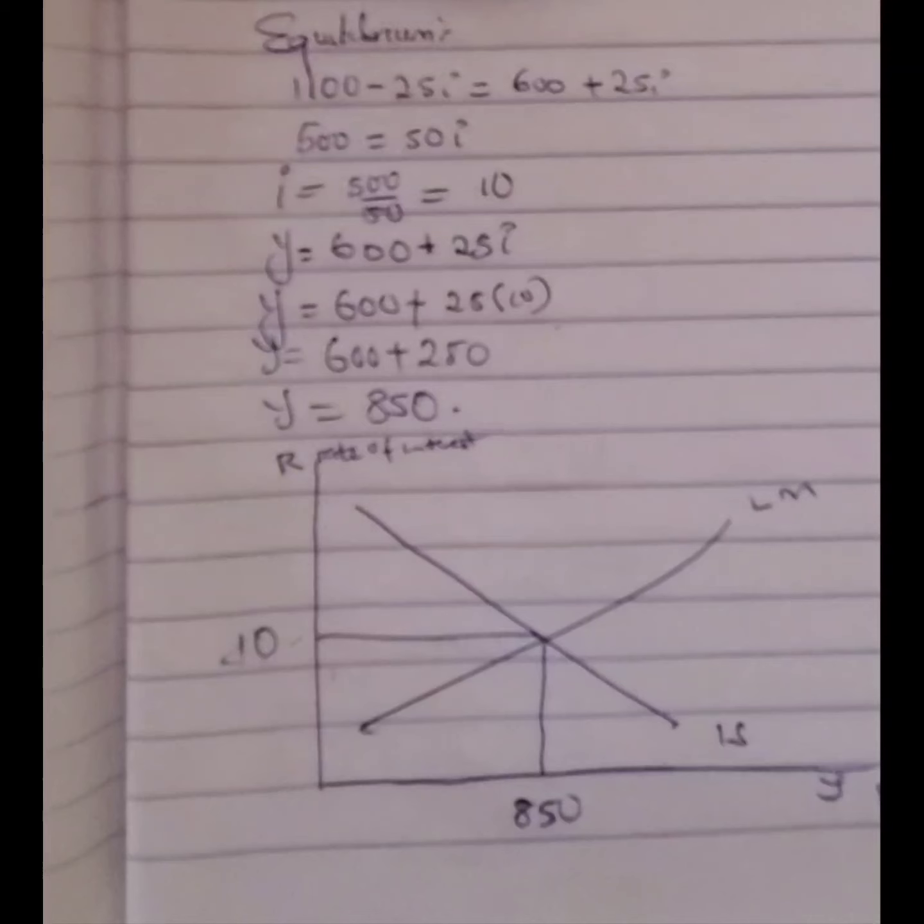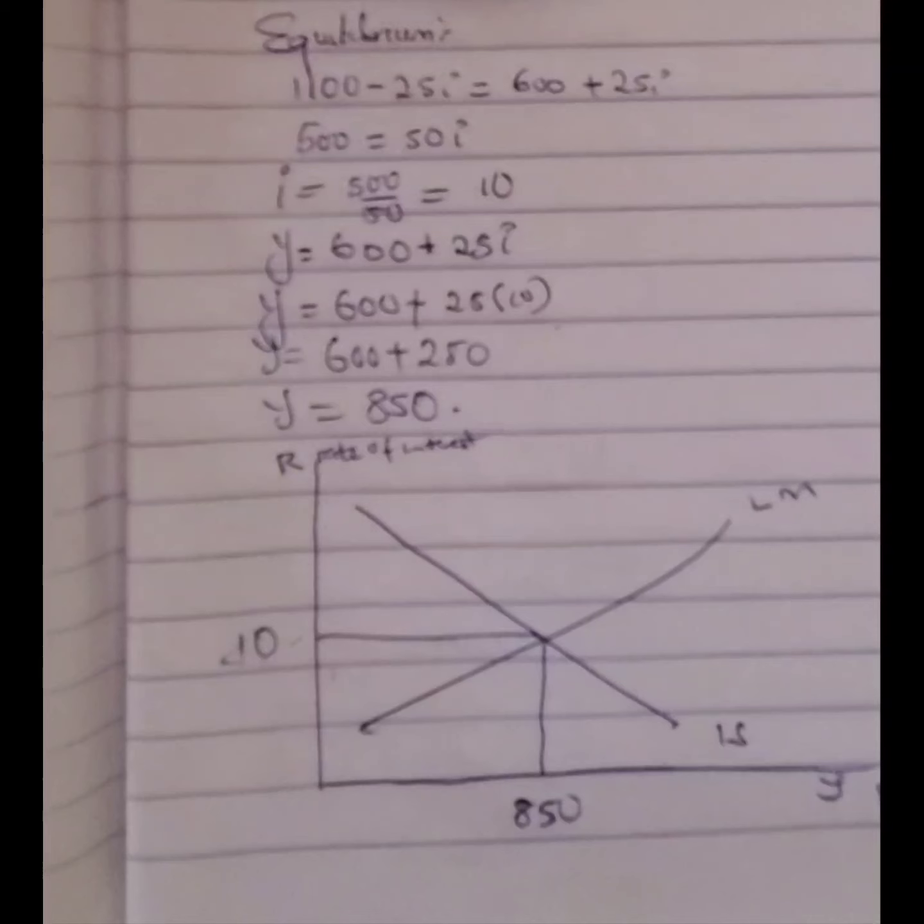Now to make our work more professional, let's interpret this working into a graph. Don't forget, this is our real output, that's our y value, and this is our r value, that's the rate of interest. So we have this as our IS, LM.